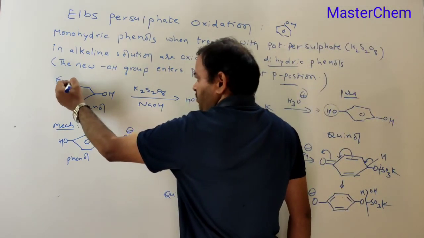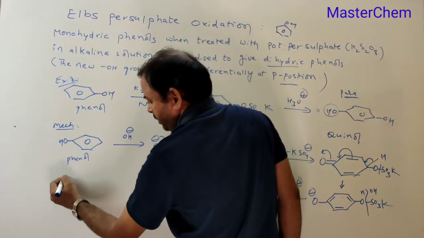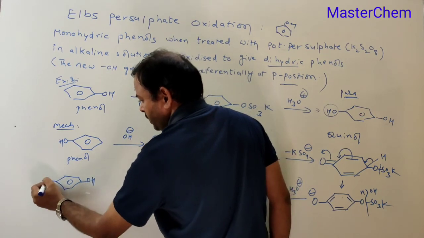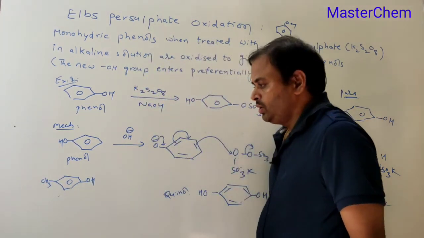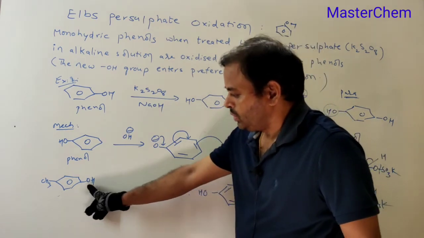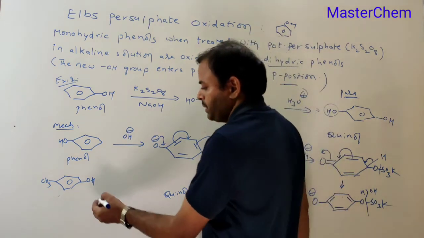If you take example 2, that is para-cresol with OH and CH3, the para position is blocked with a CH3 group. So what happens?